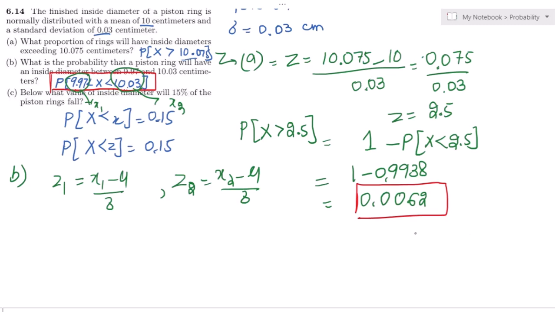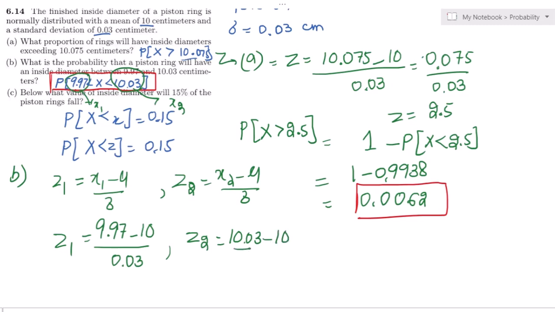In order to find them out, z1 is 9.97 minus 10 divided by 0.03, and z2 is 10.03 minus 10 divided by 0.03.